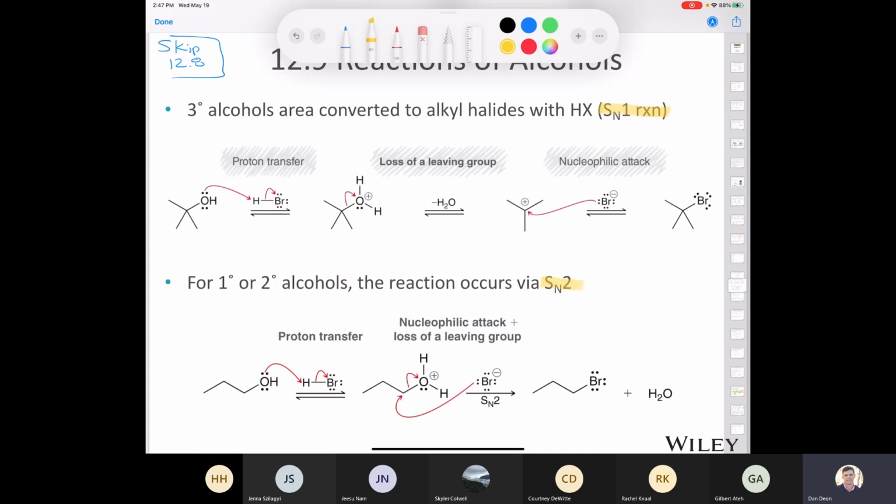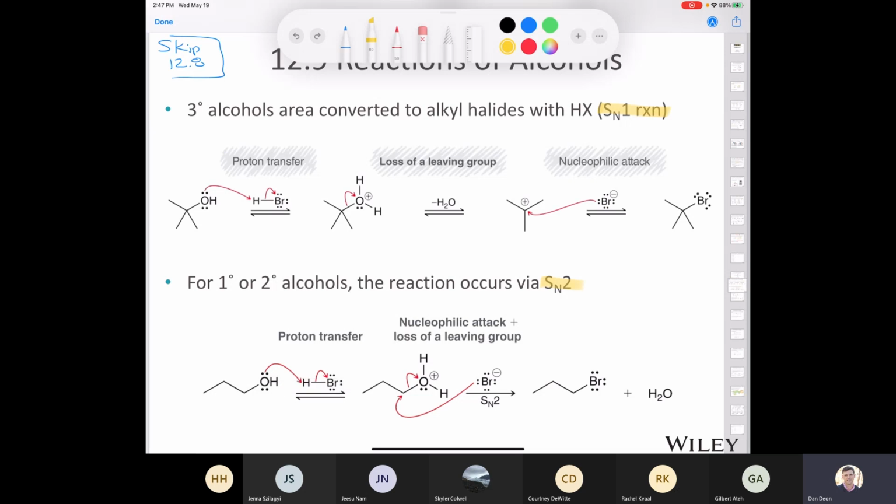We have our proton transfer, the conversion of the alcohol into a good leaving group, and then we have two steps occurring at the same time, the nucleophilic attack followed by the loss of the leaving group. So that's an SN2 process. Again, these are reactions that we saw in Organic Chemistry 1.